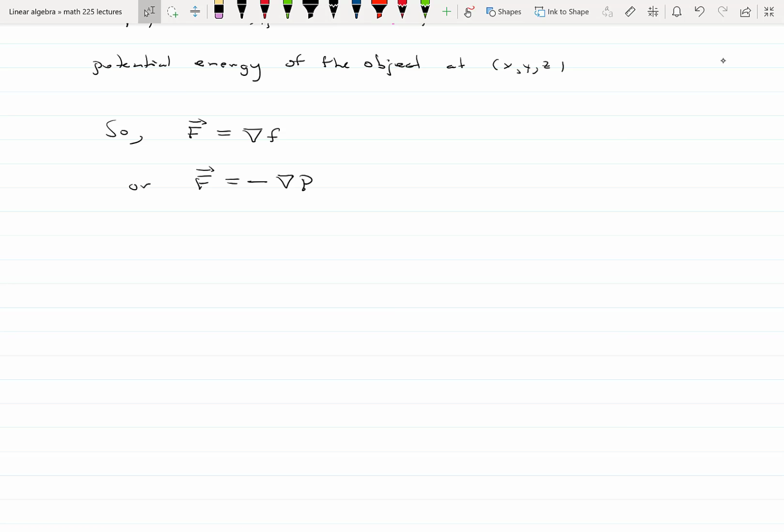Okay. So now let's look at work again. Work is the integral along C of F dot dr, but the vector field F is now conservative. So F equals the negative of the gradient of my potential energy function dot dr. That negative can come outside.